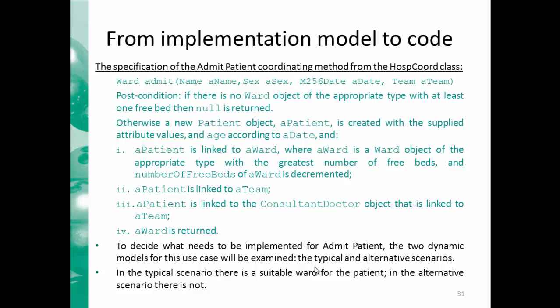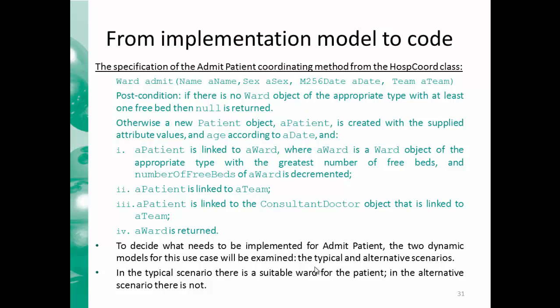Now, if I find the right place and the right ward for the patient, then the patient will be linked to the ward, and the patient will be linked to a team, and the patient will be linked to a consultant doctor. And I can now return that my patient is already admitted, and I return the value of the ward, or the name of the ward, where that patient was admitted.